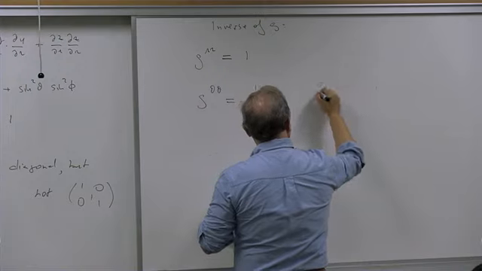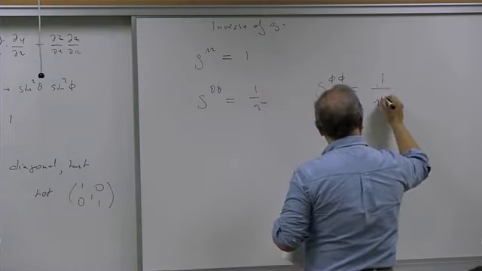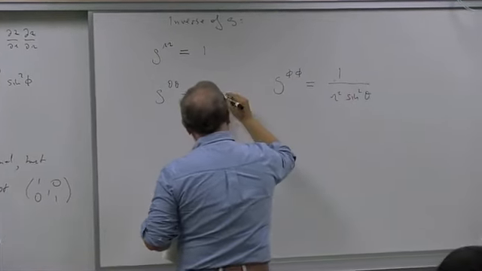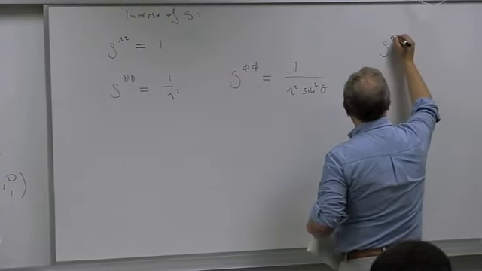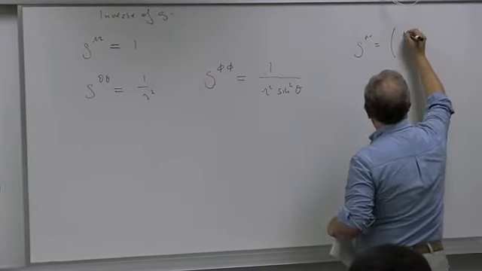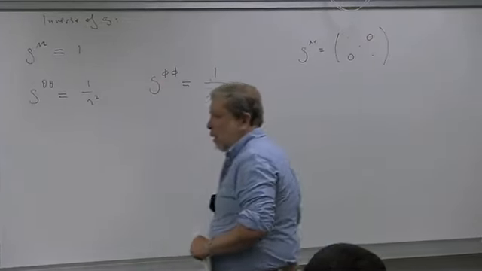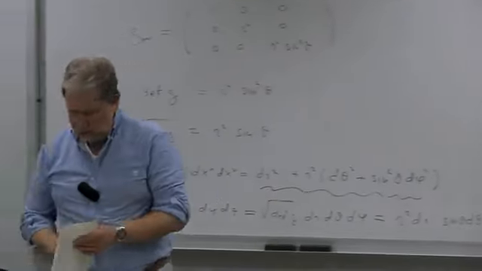And G^phi phi is equal to 1 over r squared sine squared theta, right? And so that means that G^mu nu is, of course, equal to something along the diagonal, and then everything else is 0. So the inverse exists, of course, we don't have any issues.